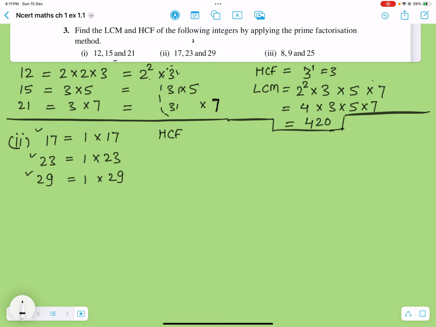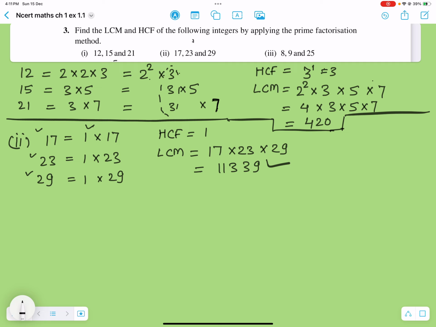So the highest common factor is clearly 1, and LCM would become 17 multiply 23 multiply 29. And when you multiply all these numbers, the final number would come as 11,339. So that'll be your answer.